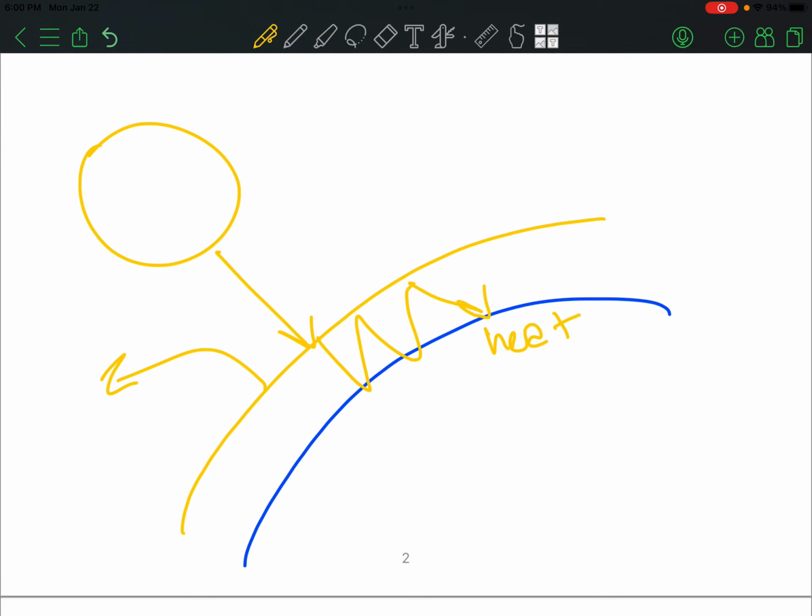Now, something called the atmosphere, to be more specific, the ozone layer. So this is our ozone layer.